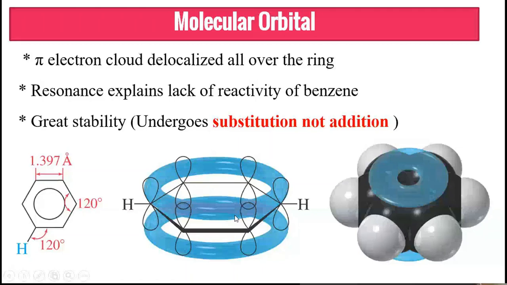Now look at this three-dimensional representation. In the three-dimensional representation shown here, the black structures are your carbons. The white atoms are your hydrogens.